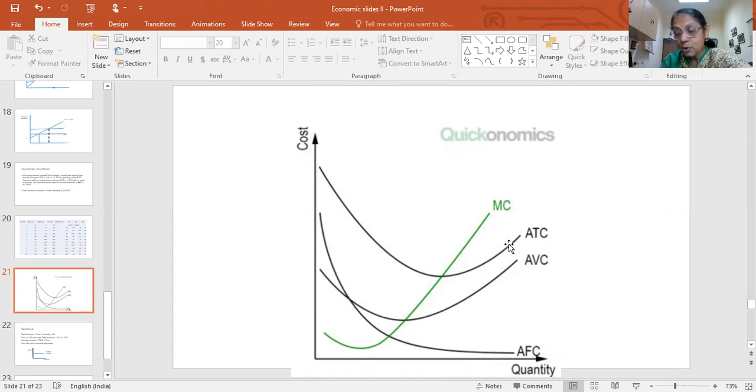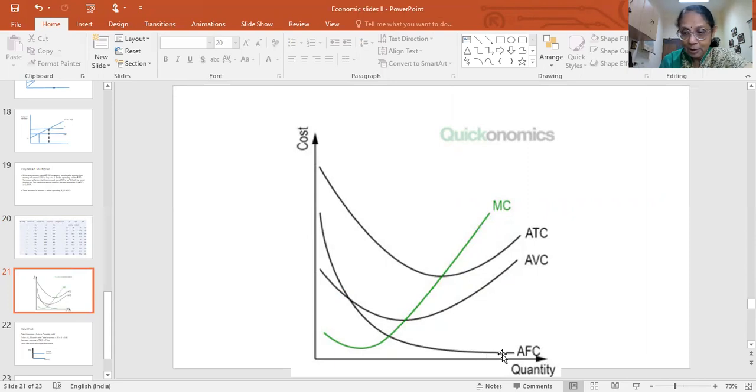And why is that so? Because average total cost is equal to average fixed cost plus average variable cost. We saw that average fixed cost is constantly declining because it's the same cost, 55, which is being divided by more and more quantity. So it would come close to zero.